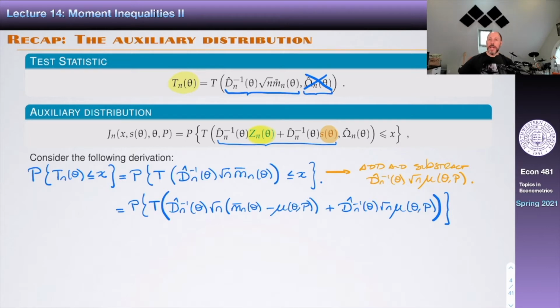So I just added and subtracted the true mean scaled by square root n divided by the sample standard deviation, this D hat inverse business.